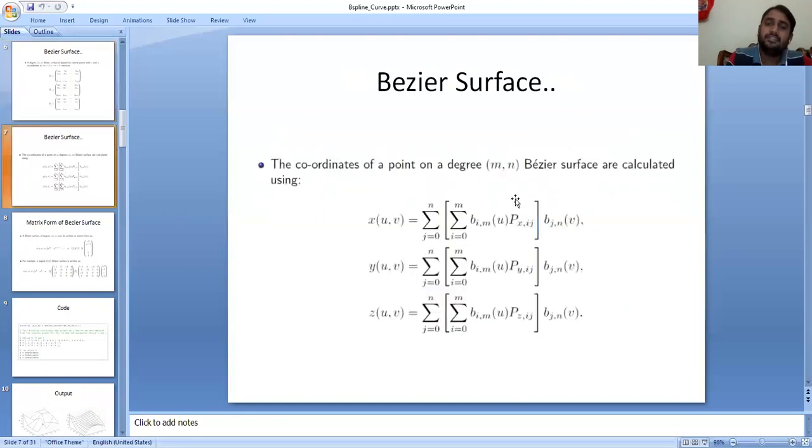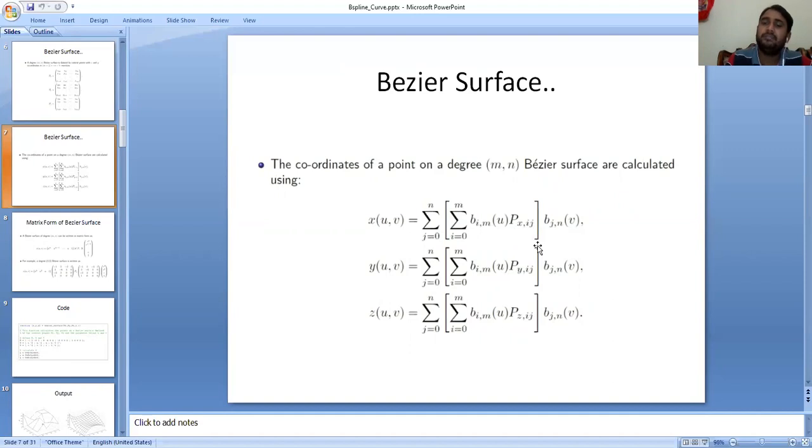So the equation of the Bezier surface. If you look at the portion inside the bracket, summation i equals 0 to m, B_i,m(u) P_xij, this is the Bezier curve in 1 dimension.